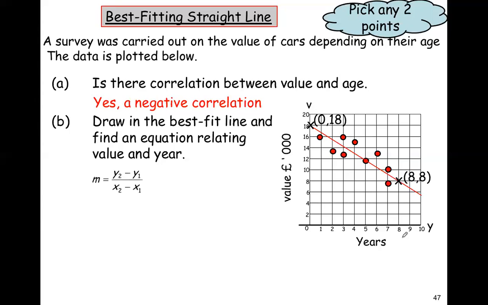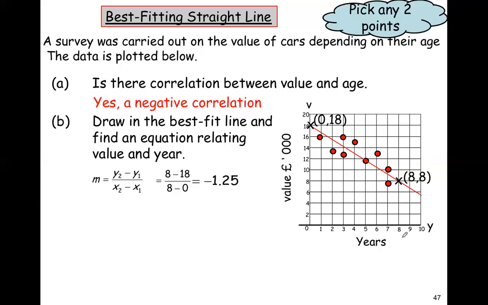So now let's find the gradient. 8 minus 18, over 8 minus 0. You should notice straight away that you've got a negative gradient. Whenever you have a negative correlation, your gradient is going to be negative. So negative 10 over 8, or 5 over 4, which is negative 1.25.